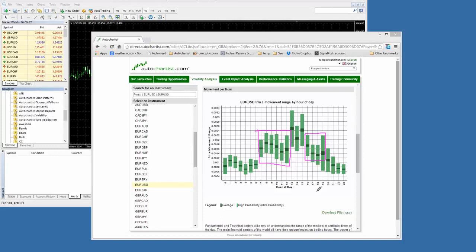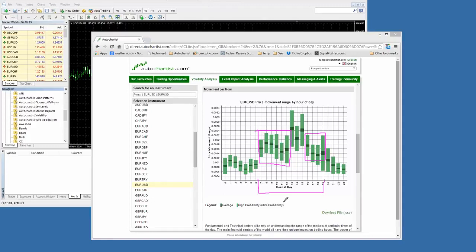If you're planning to set a long-term position, then you should obviously be setting your stop losses and take profits way higher than that, and I will show you what I mean in just a moment.